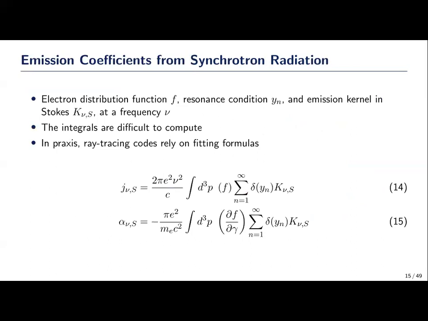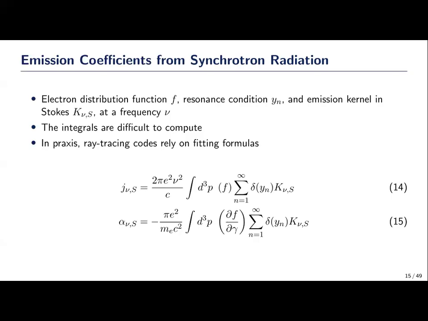Okay, maybe a small mention, the math is annoying. I don't want to go too much into detail, but in practice, these equations are difficult because this emission kernel also involves Bessel functions. This is a resonance condition. You have this spiral motion, and in the classical picture, you want to compute the Fourier transformation of the spiral motion to get the contribution towards a certain frequency of observation along a certain wave vector.